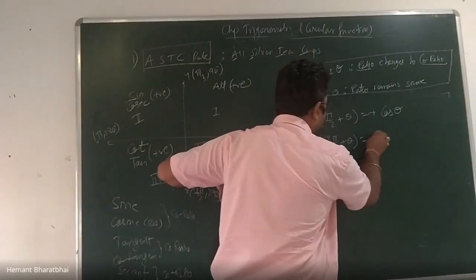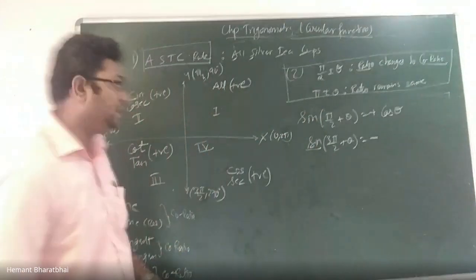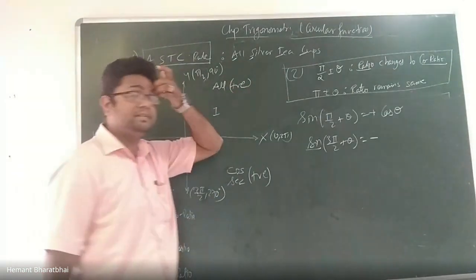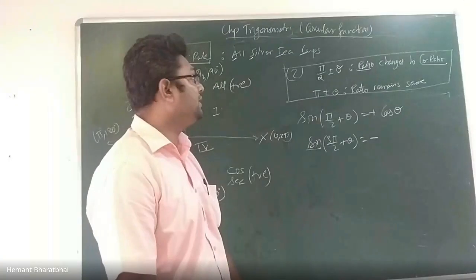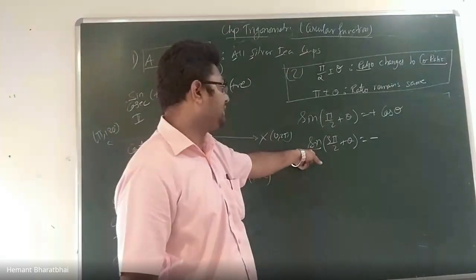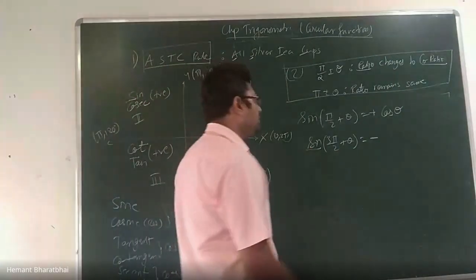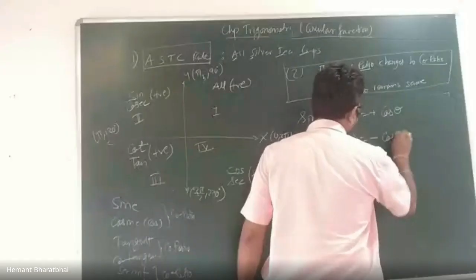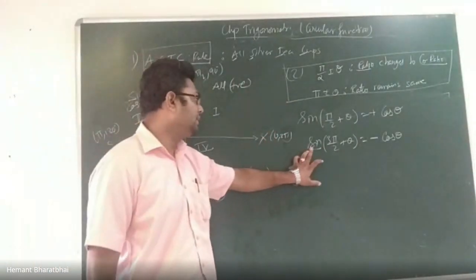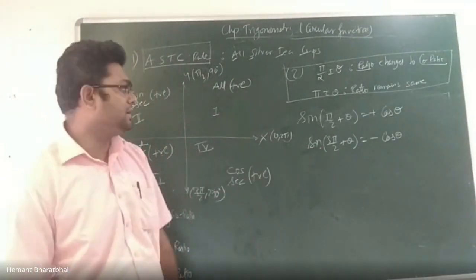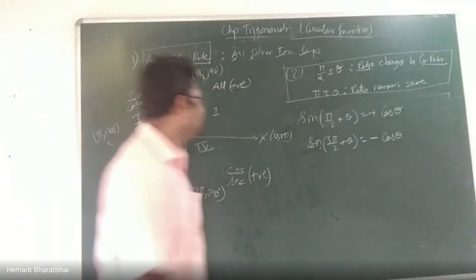Here we have sine, so I'll put a negative sign. Then I'll go to the second rule, which says whenever it is pi by 2 plus minus theta, ratio changes to co-ratio. So my sine will get converted into cos. So this will give me minus cos theta. So sine of 3 pi by 2 plus theta will give me minus cos theta.